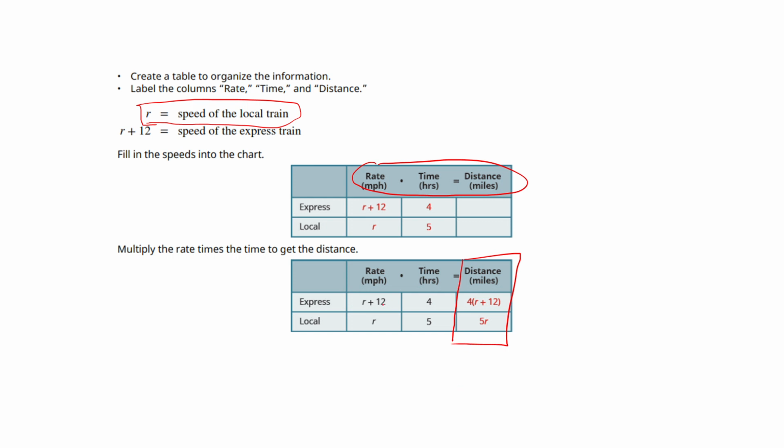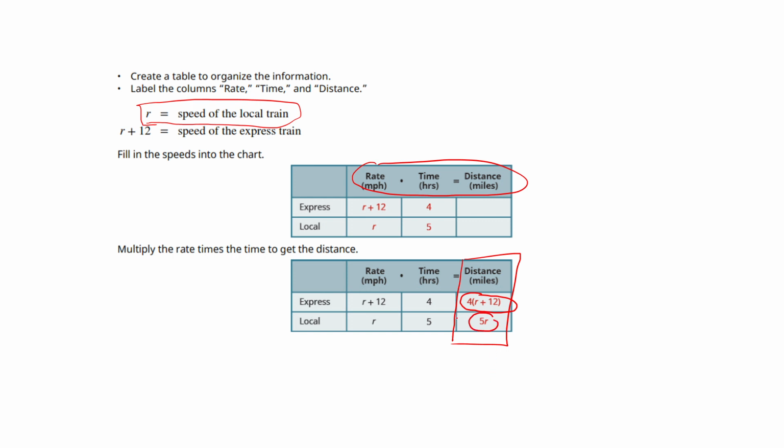So once I have the table filled in, the question is, well, what do they want us to build an equation out of? Well, they told us, implied, that the two trains have gone the same distance. So even though this is math language, this is the distance of the express train, and this is the distance of the local train.